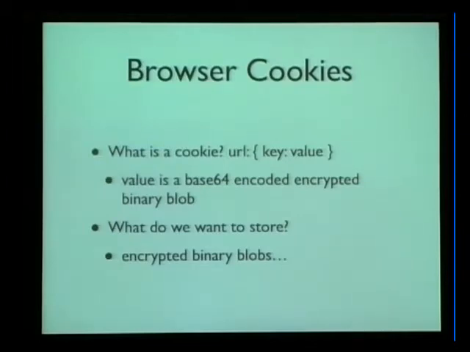We want to store a base 64 chunk of encrypted binary data. Anyone having an aha moment? Yes? No. Okay, so the idea is that you can actually use your cookies file for hidden data storage because you can create fake cookies that contain nothing but your base 64 encrypted data.